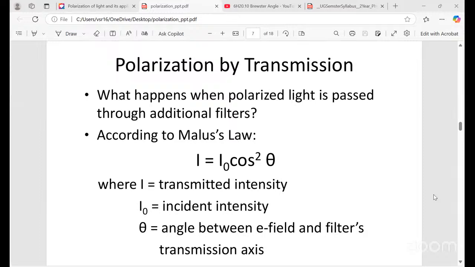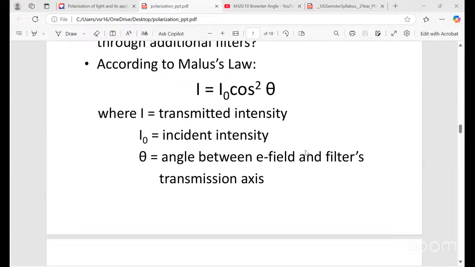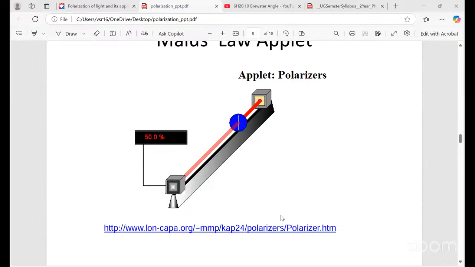I is the intensity of the transmitted light. I naught is the intensity of the incident light. Theta is the angle between the electric field and the filter's transmission axis. Okay. So like that you can easily observe. So you can go through this Malus's law.